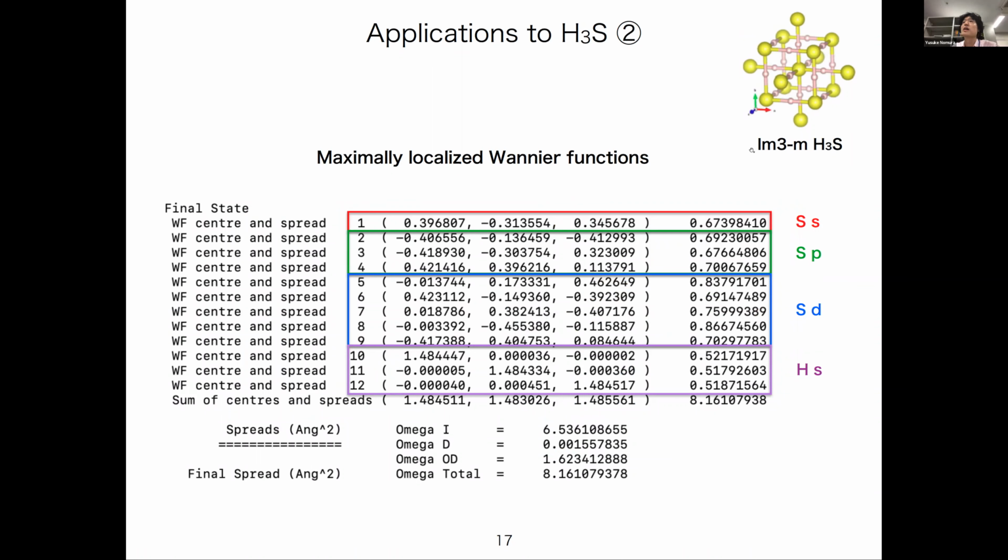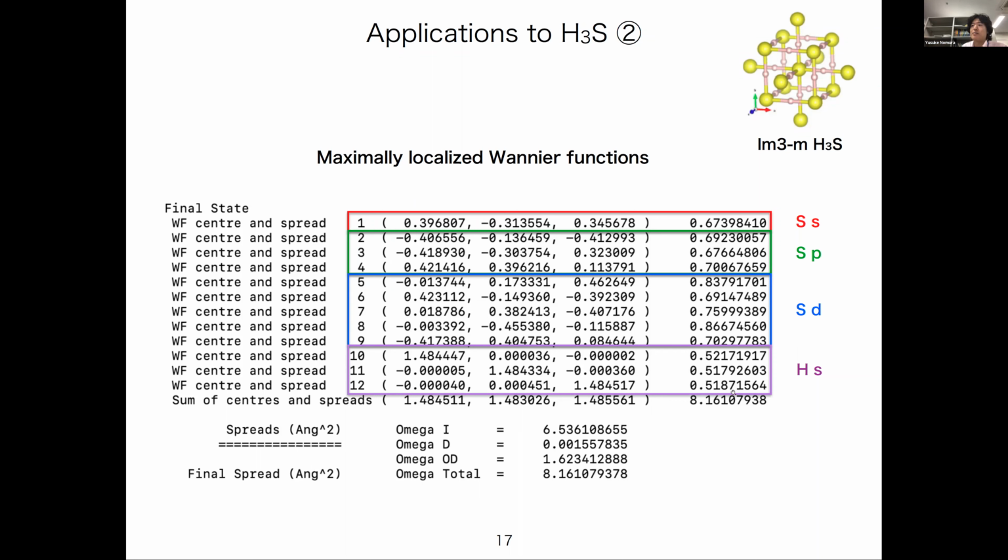Then we have one sulfur atom in the unit cell and 3 hydrogen atoms in the unit cell. And if we put the projection sulfur s, sulfur p, and sulfur d, and 3 s orbitals on the hydrogen, then if we create the maximally localized Wannier functions, actually you see that the Wannier center is not clean, and it deviates from the atom center.